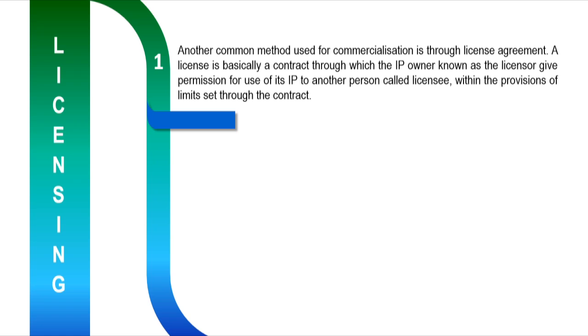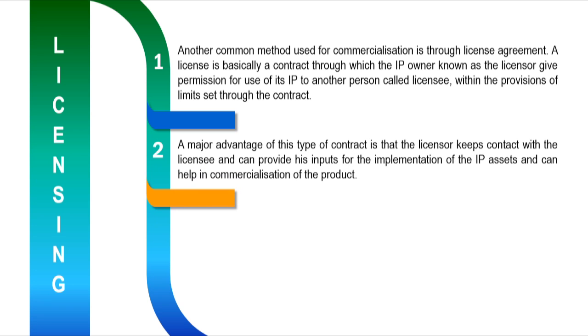So, through the contract, rights are given from the licensor to a new owner known as the licensee. Now, a major advantage of this type of contract is that the licensor keeps in contact with the licensee and can keep providing his inputs for the implementation of the IP asset and can also help in the commercialization of the product. That means the inputs of the licensor are still intact with the licensee.